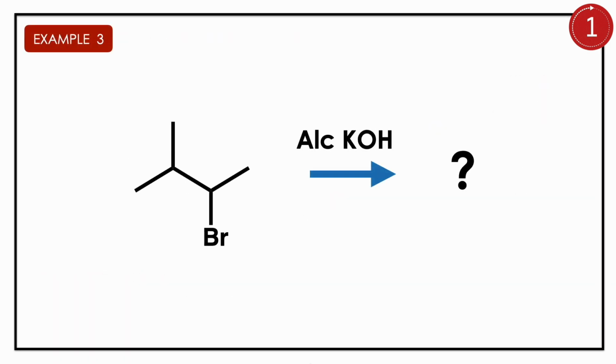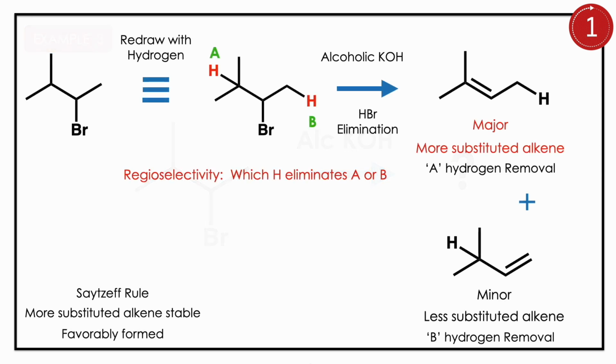Then the next example: you have an alkyl bromide with many substituents. You are using alcoholic KOH. You should find what the final product will be. Here alcoholic KOH promotes HBr elimination, but you have two hydrogens relative to bromine, A and B, which can be eliminated.